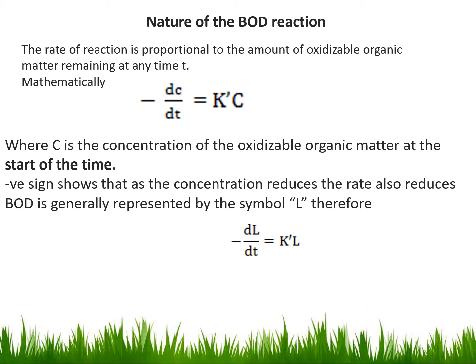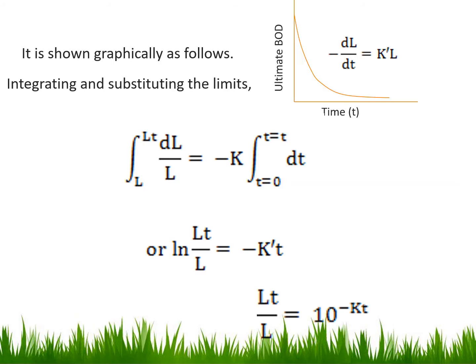Just for our ease, replace this C with L. Now this L is used for the BOD value, and it is shown graphically as follows. This is the ultimate BOD. Ultimate BOD, as we talked about earlier, is the oxygen consumption in all the processes, so it must define the total content of waste.